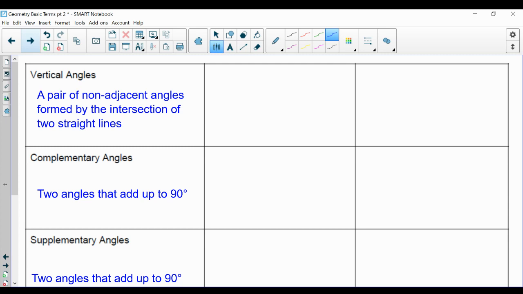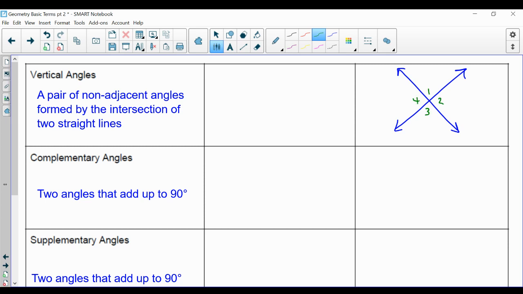The next one we're going to look at is a vertical angle. When I have two vertical angles, I have two lines. They intersect at one point, and they're two straight lines. I'm going to name these 1, 2, 3, and 4.